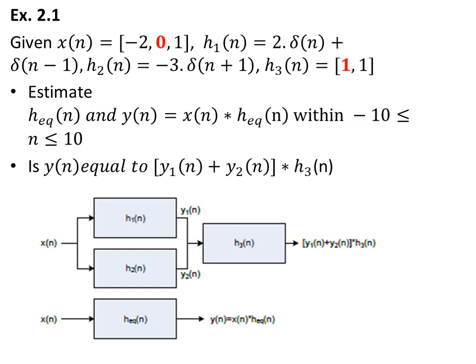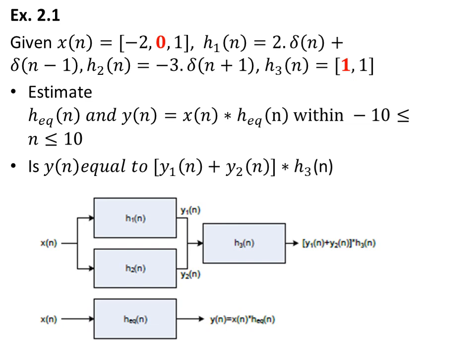So what you have to do in here is find out Y1n by convolving Xn with H1n, then Y2n by convolving Xn with H2n, right? Then the addition of that, which is Y1n plus Y2n, feed it to H3n, then find the output by convolving Y1n plus Y2n with H3n. So that is our one result, right?